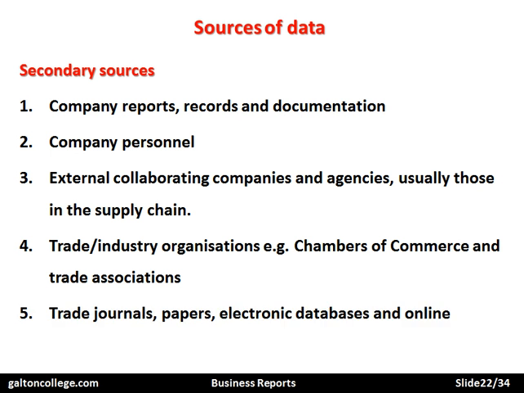And trade journals, papers, electronic databases, online articles, online materials, online data. Usually there's a source of secondary information that comes from many directions, and it's important that the researcher is aware of where the secondary sources are and how to tap into them.